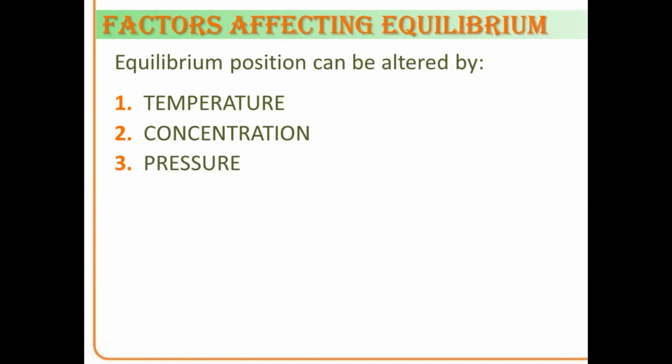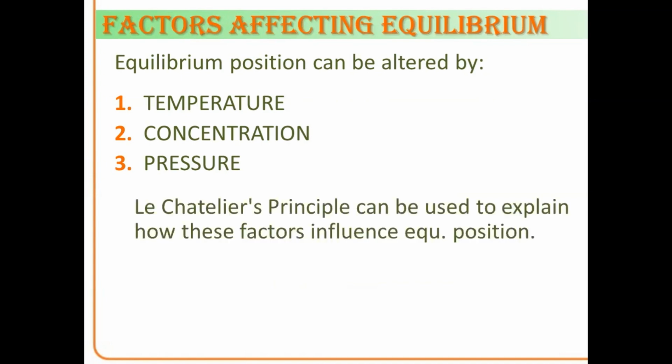So when you are discussing factors affecting equilibrium, you need to know that there are three things that you can do to change the position of equilibrium: temperature, concentration, and pressure. Just those three at this level. And we use what is called Le Chatelier's principle to explain how these factors influence the position of equilibrium.